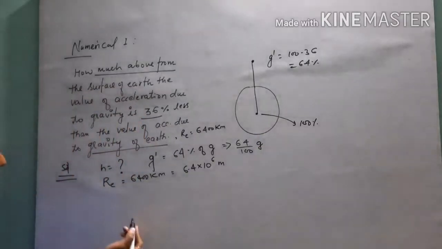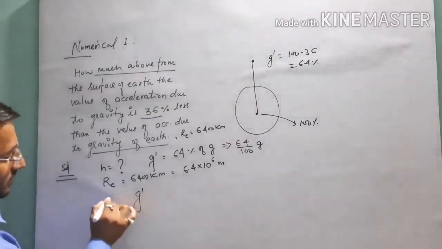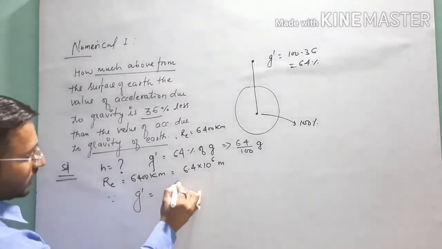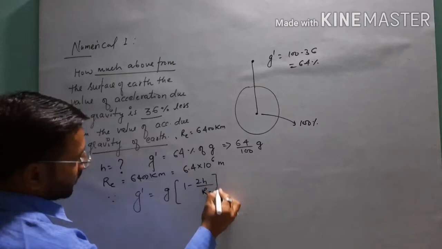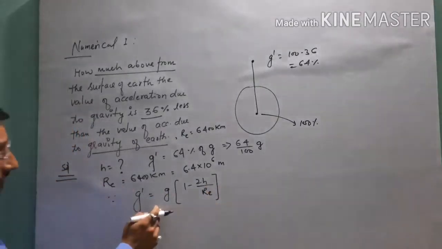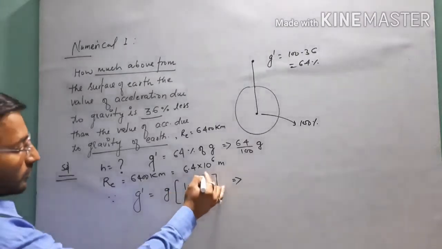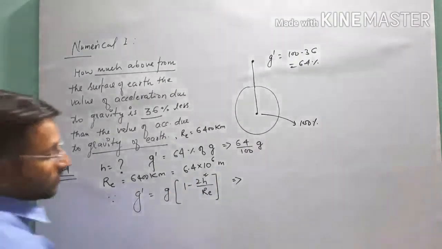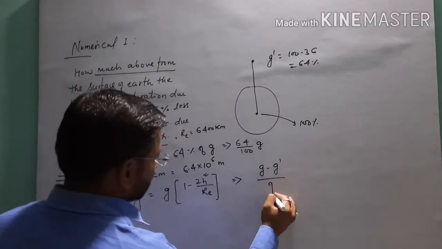Now you can use the relation, the effect of altitude relation. The value of g dash at height h, we know that it is equal to g times of 1 minus 2h upon Re. Point clear? So I will substitute the values according to the question, and we want to know about height. So it will be g minus g dash upon g.